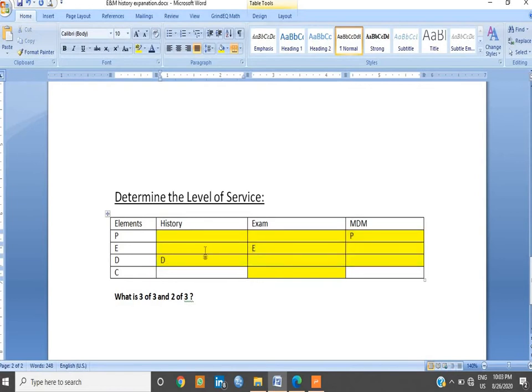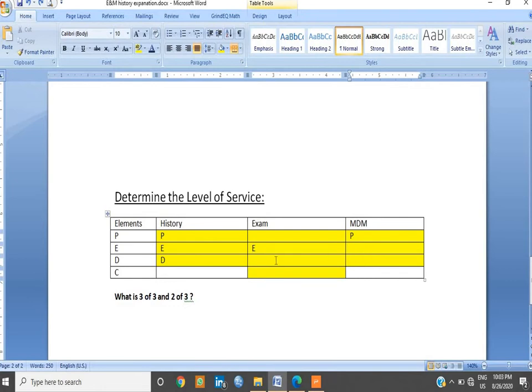If there is only, you can say, physical exam and history, we have to compromise this exam as a detailed exam, because we have detailed history and moderate complexity MDM.